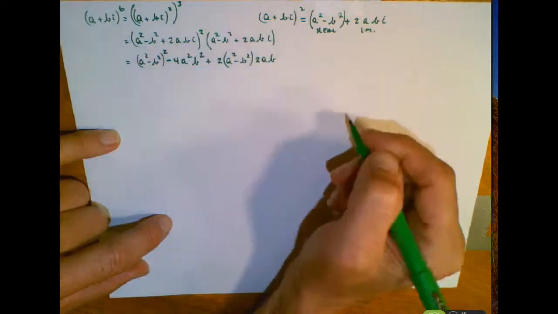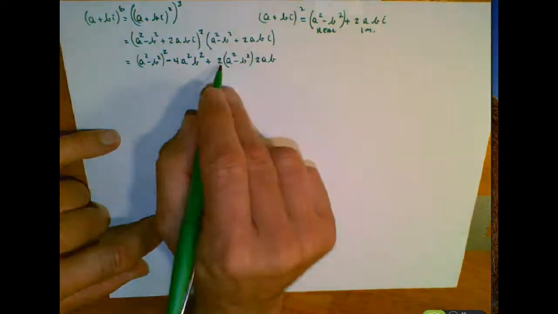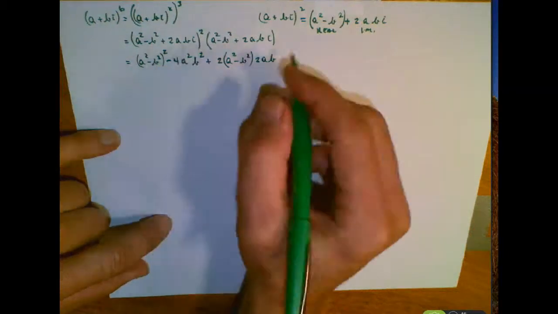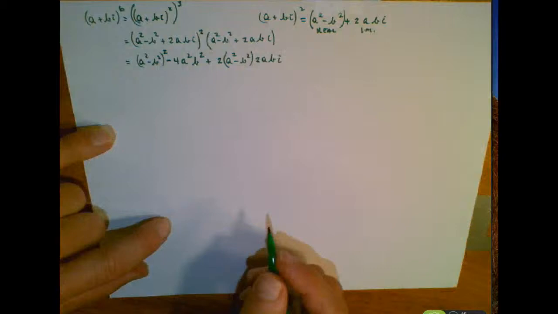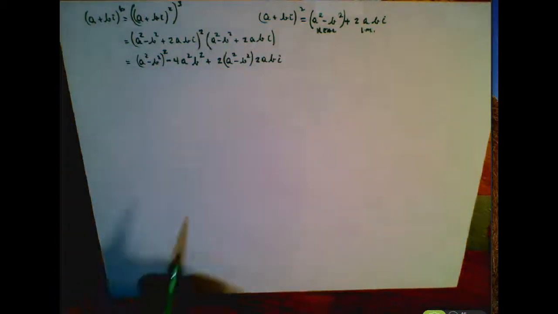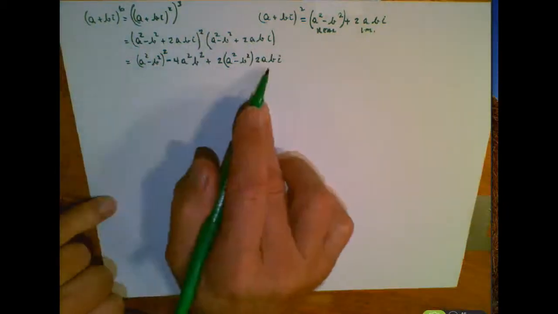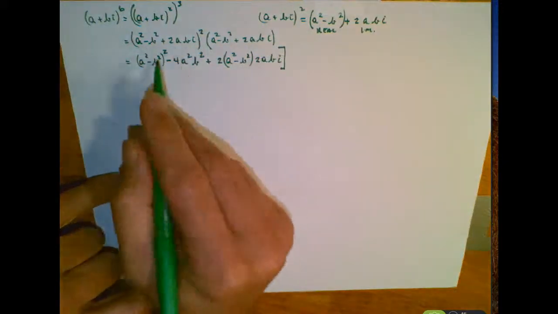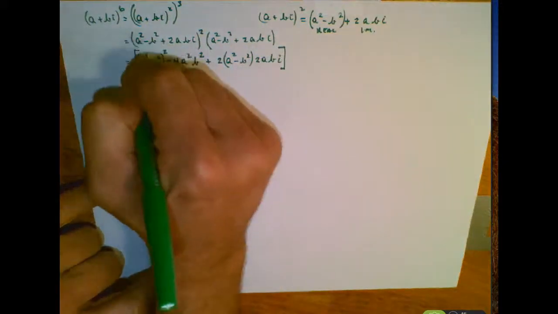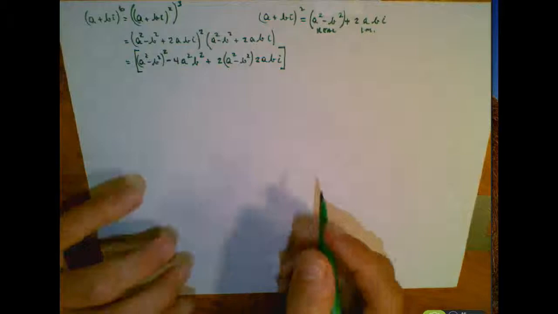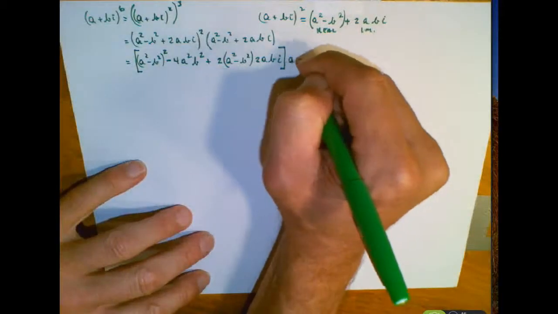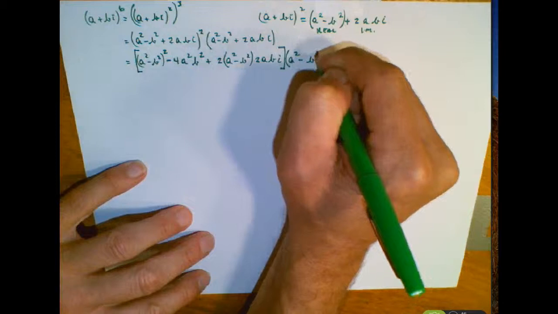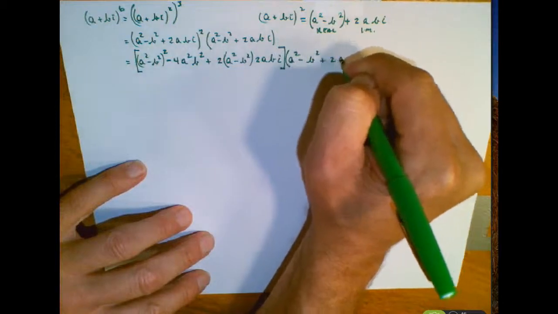It might seem confusing, but this is my 2ab, because b is that, and here's my i. Okay, and that's how that will distribute out. You're just memorizing our factoring patterns. So that is that complex number squared. And then we have it here next as this factor, a squared minus b squared plus 2abi.